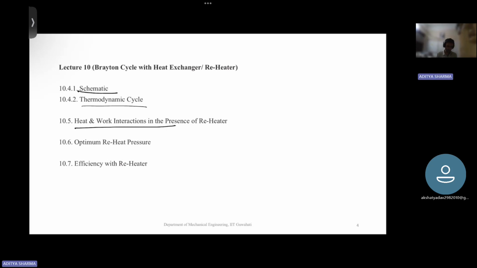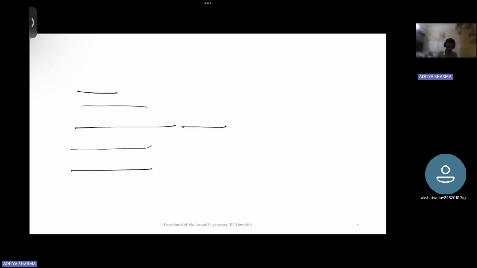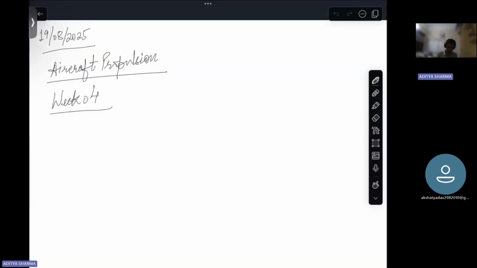Then heat and work interactions related to a reheater. Then how can we find out the optimum reheat pressure? This has been worked out, and then the efficiency of reheater has been discussed. So briefly, let's see these topics.